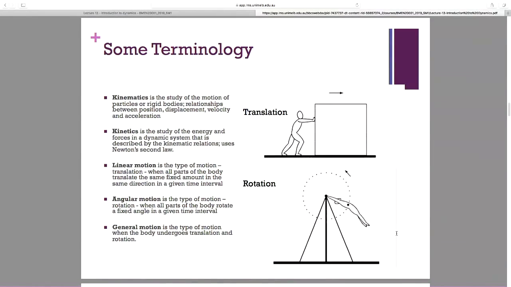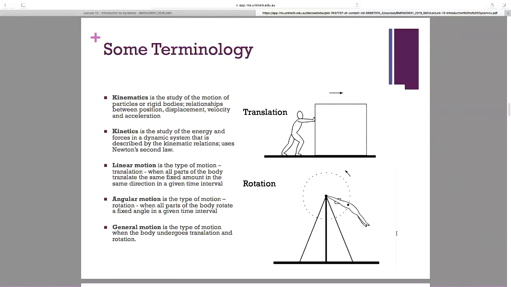So some terminology that we'll keep covering through these lectures. First one is the word kinematics. Kinematics is a word that encompasses all the mathematical relationships between displacement, velocity, and acceleration.